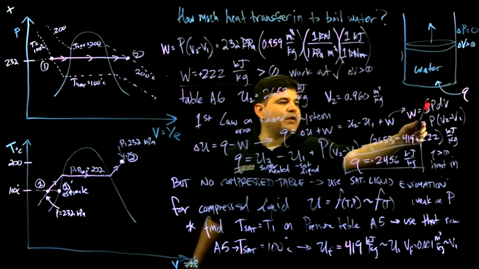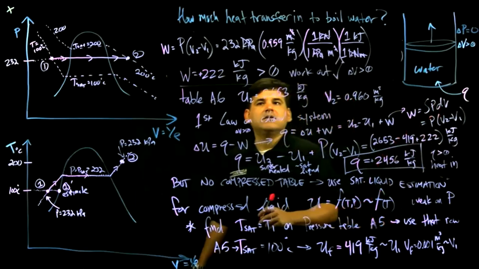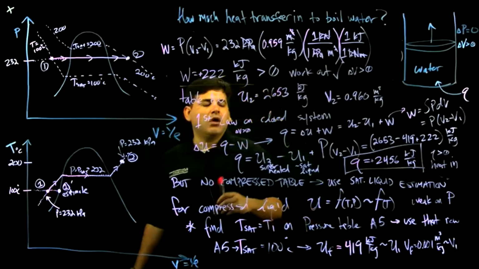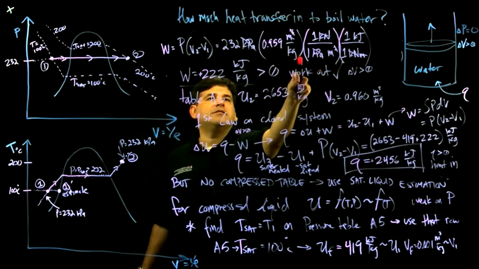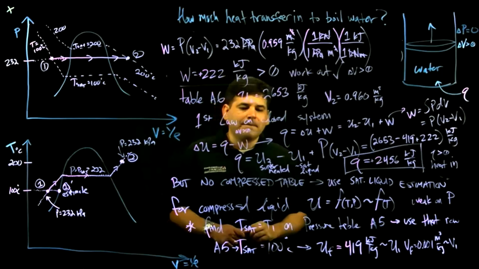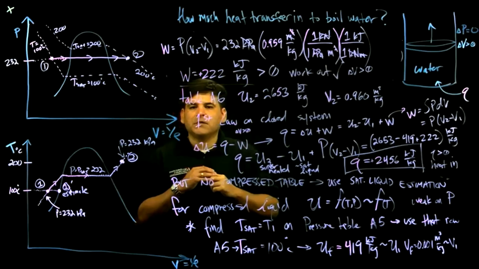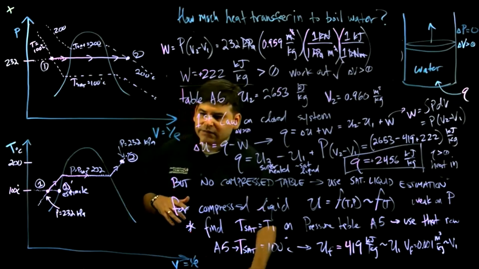It's an isobaric process of work transfer given by this. Then we knew all the properties we needed from the steam table. And here's a conversion between pressure and volume to give kilojoules. Okay, that wraps it up, and I will see you again next time. Thank you.